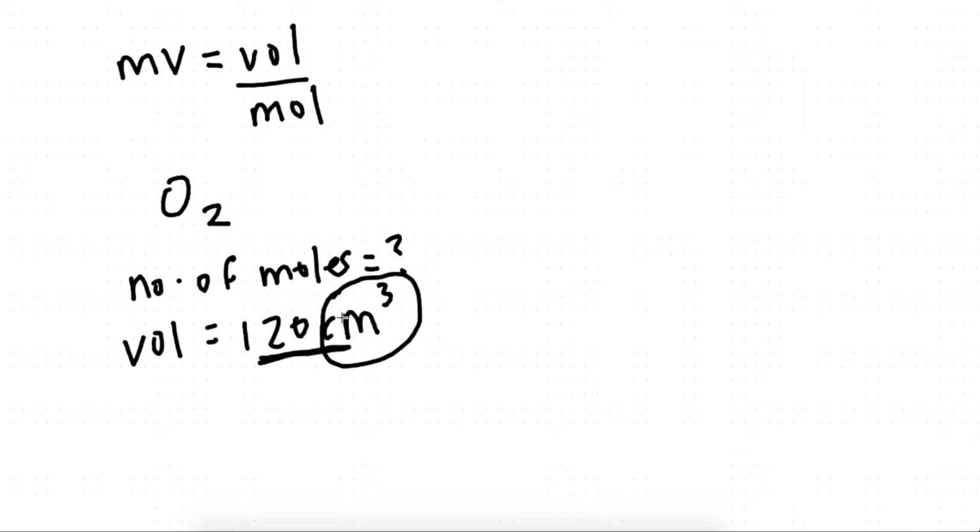We need to convert this to decimeter cube. How do we do that? From centimeter cube to decimeter cube, divide by 1000. So 120 divided by 1000 is 0.12 decimeter cube. Now you have the volume. You need to find the number of moles.